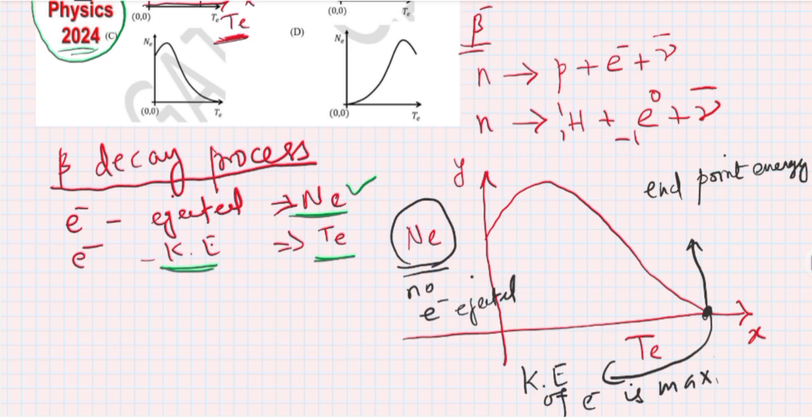So if you look at the distribution function, it is something like this. It initially increases and falls off. This is the trend of the number of ejected electrons versus their kinetic energy.